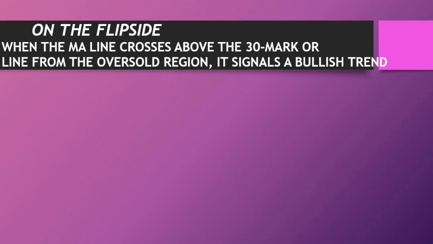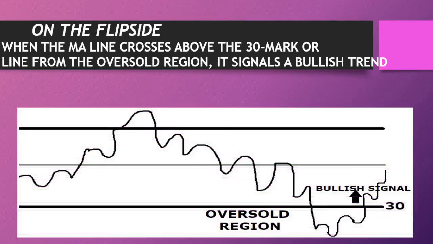On the flip side, however, when the MA line crosses above the 30 mark line from the oversold region, it signals a powerful bullish price move.